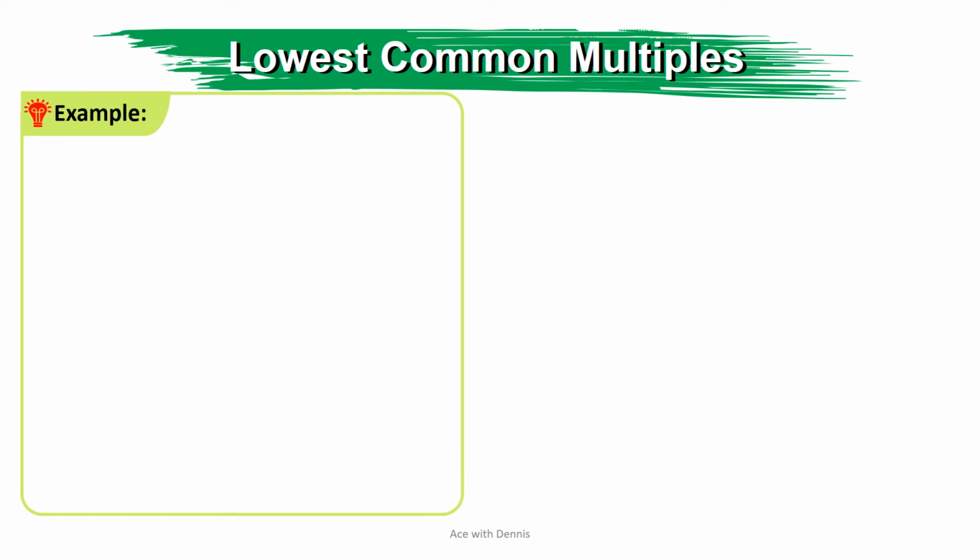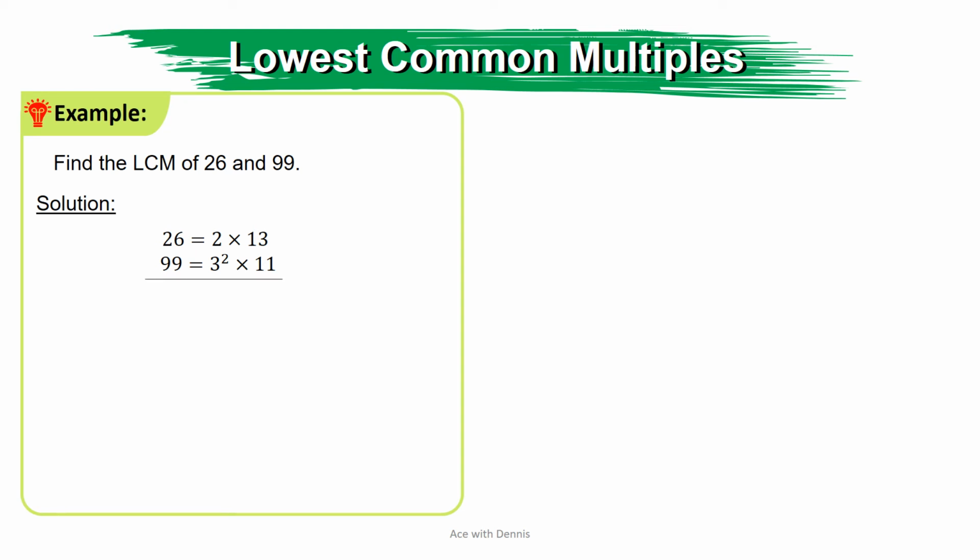Now let's look at this example. Find the LCM of 26 and 99. Here's the solution. So 26 equals 2 times 13 and 99 equals 3 squared times 11. And you can see that in this example, these two numbers don't have common bases. Therefore, for the LCM, we consider all the bases, and if there's a power, we choose the power as well.